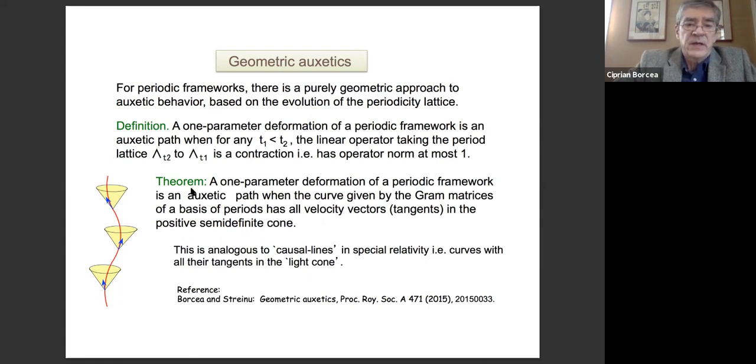So this will be the most useful equivalent definition, but it's derived from that original conception, because a contraction operator means that if you look at the unit ball by a contraction operator, it goes inside itself.